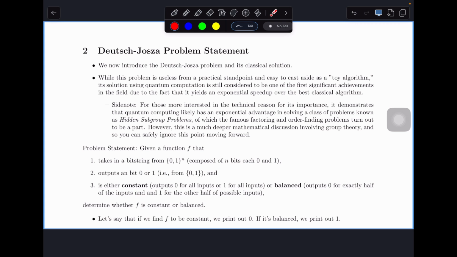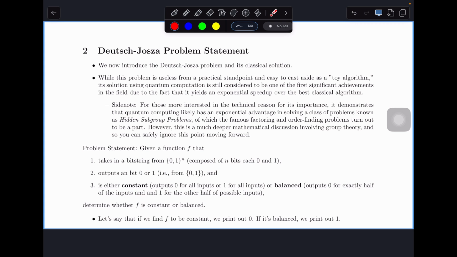Try to visualize that this is just a proof of principle concept. Essentially, the Deutsch-Jozsa problem is given some oracle, or some function, we'll be even more general. This function takes in some bit string from {0,1}^n, so n bits, and it's going to output a bit, either 0 or 1.